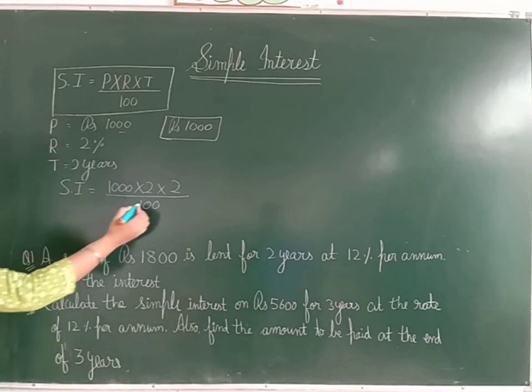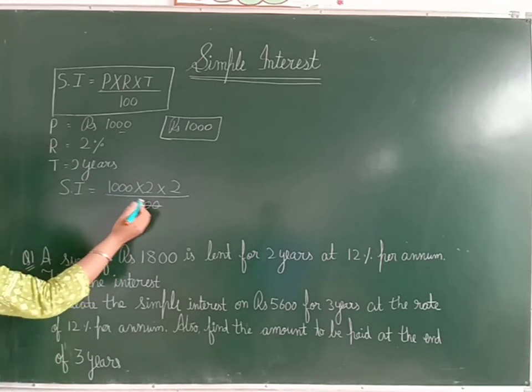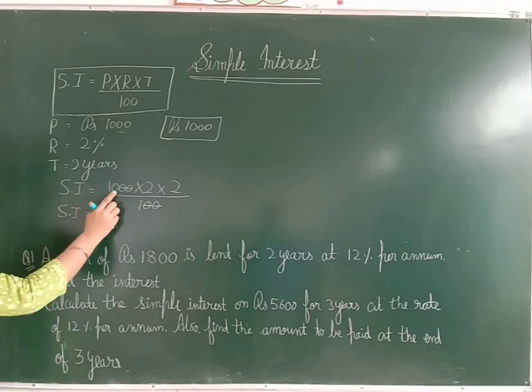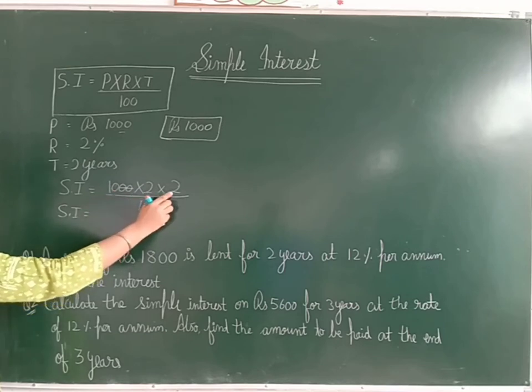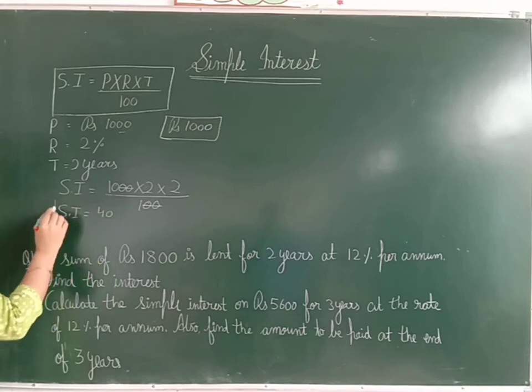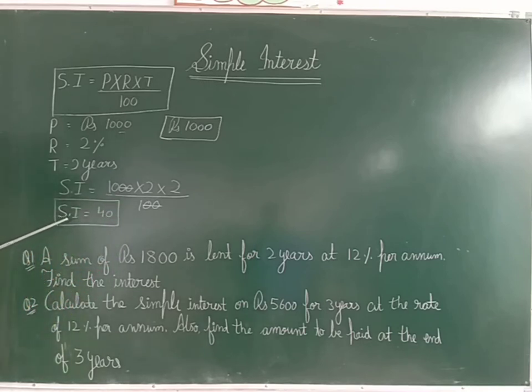Now 100, 20 will be cancelled, and the calculated simple interest is 10 into 2 into 2, that becomes 40. So it means we have to pay rupees 40 extra, right, with this 1,000.